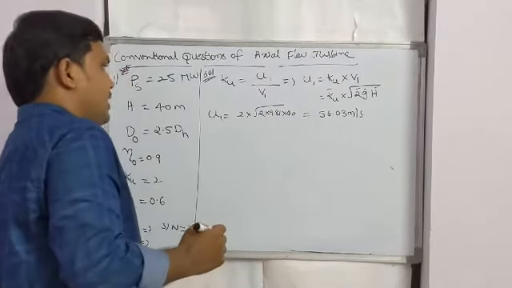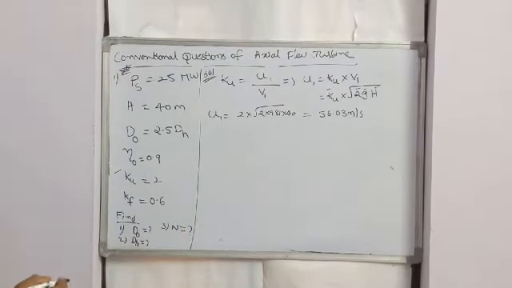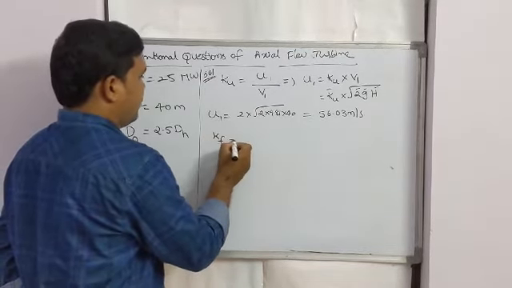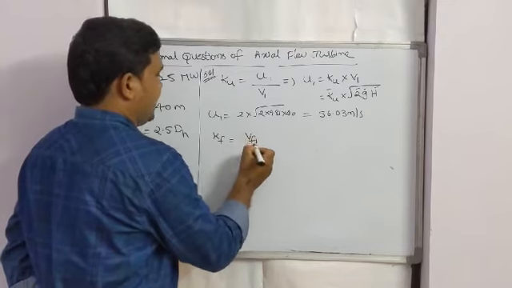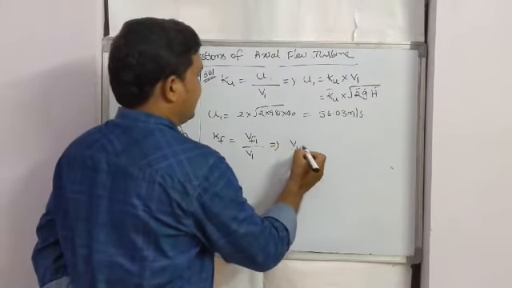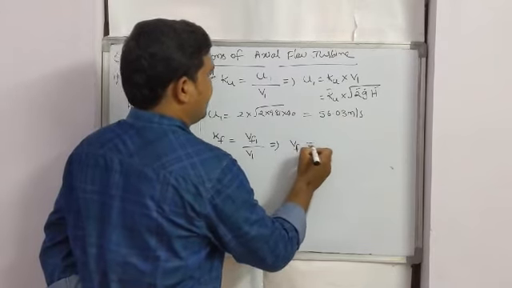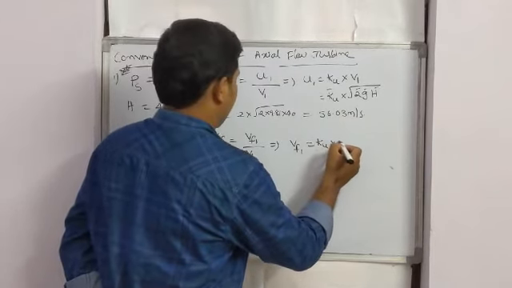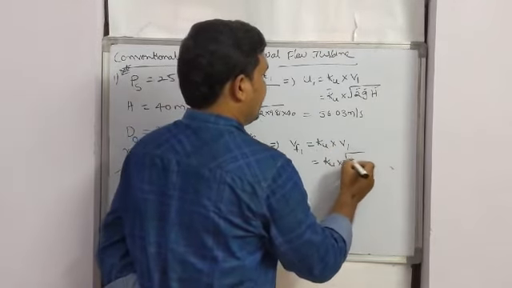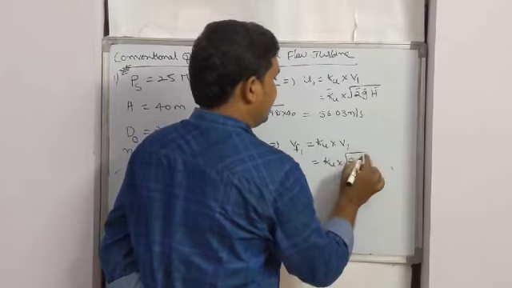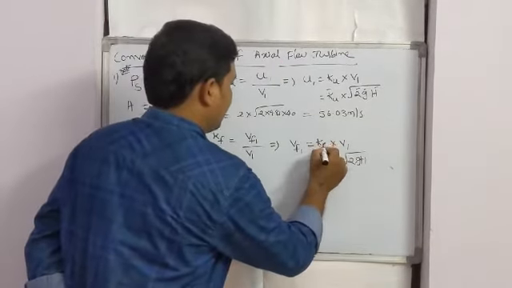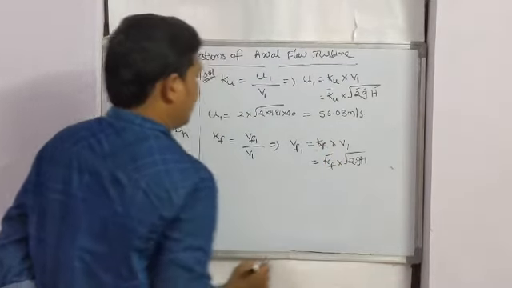Next, Kf is given. Kf is the flow ratio, equal to the flow velocity at inlet by the absolute velocity at inlet. We can write Vf1 is equal to Kf into V1, again Kf into root over 2gh.